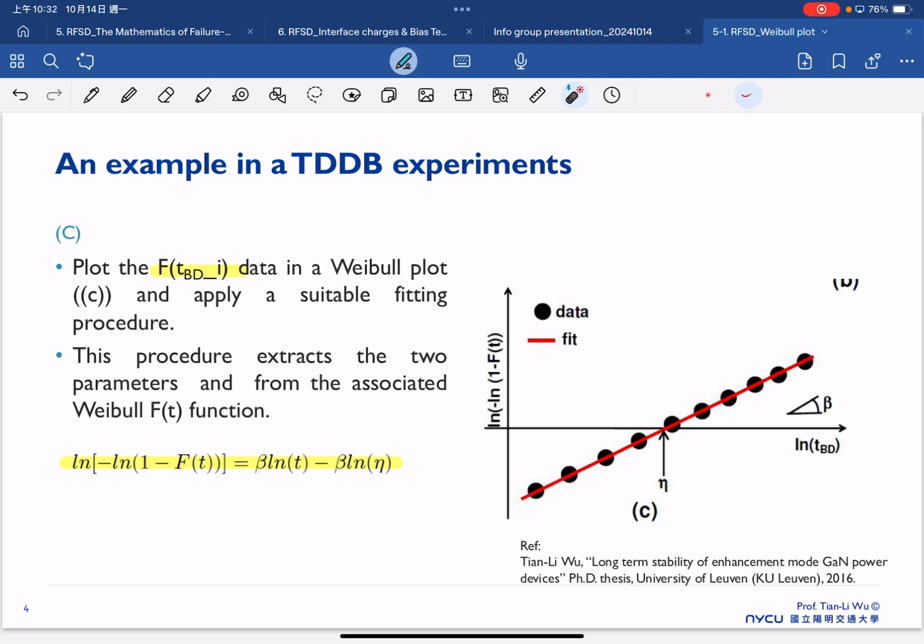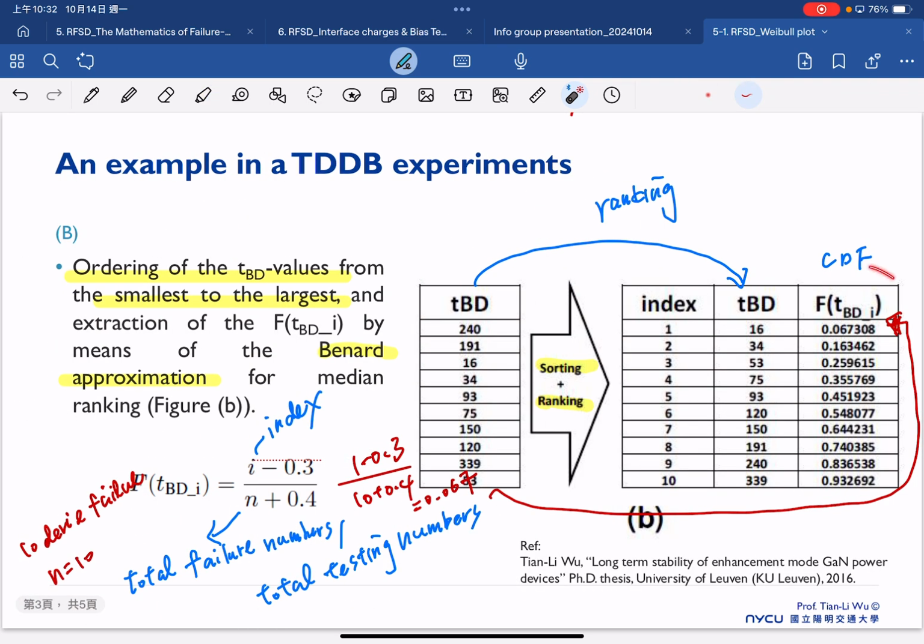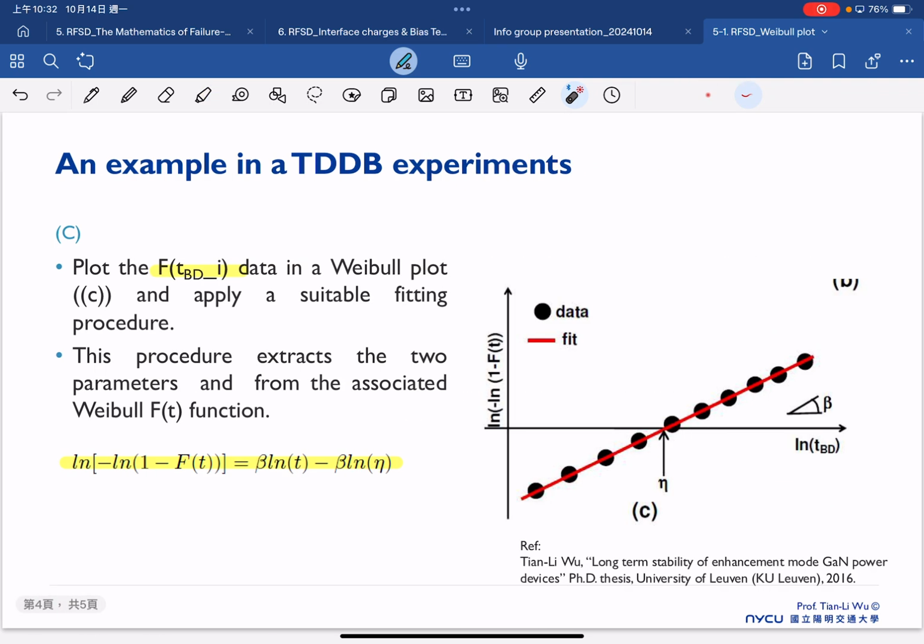Basically, we put the previously calculated CDF inside this one. Then each CDF has one corresponding Weibull value with respect to the time.